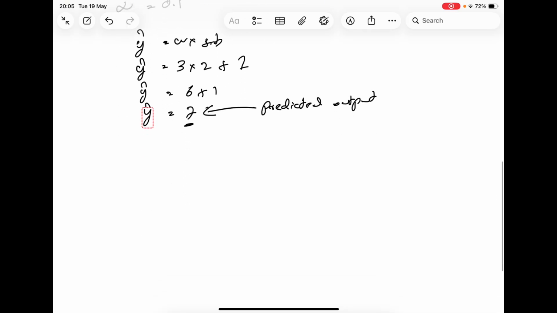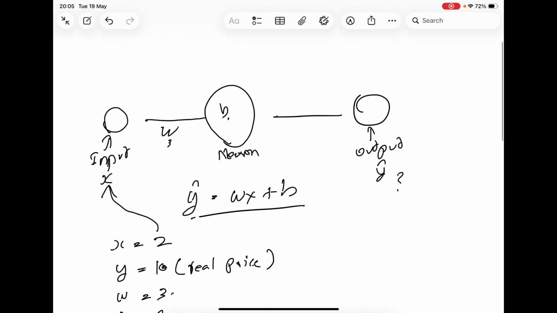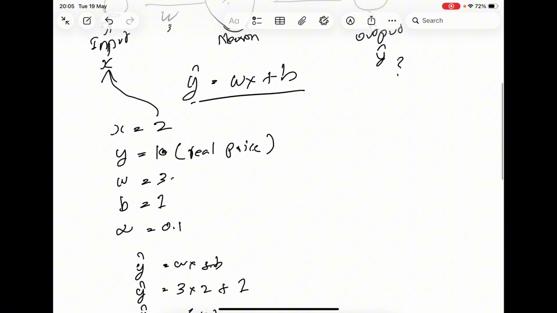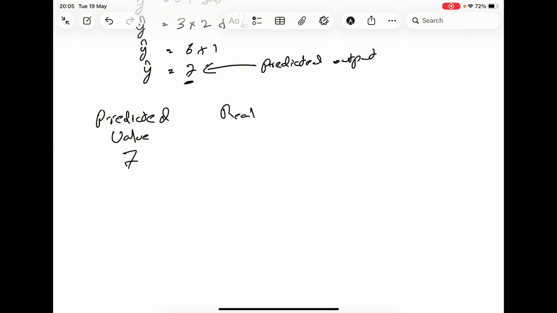Now if we summarize this, our predicted value is 7, but our real value is 10, right?